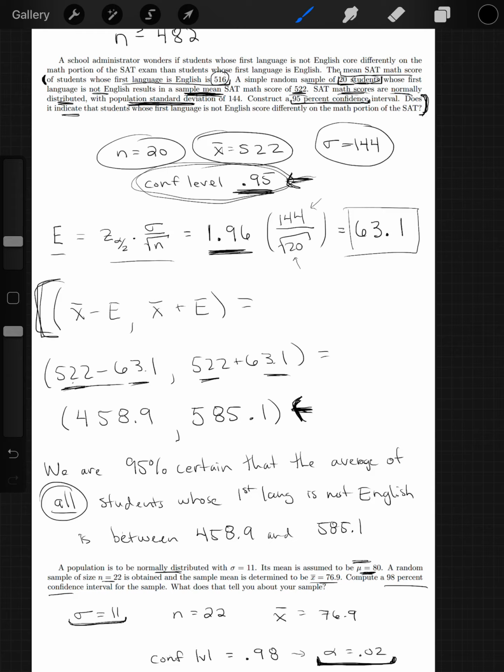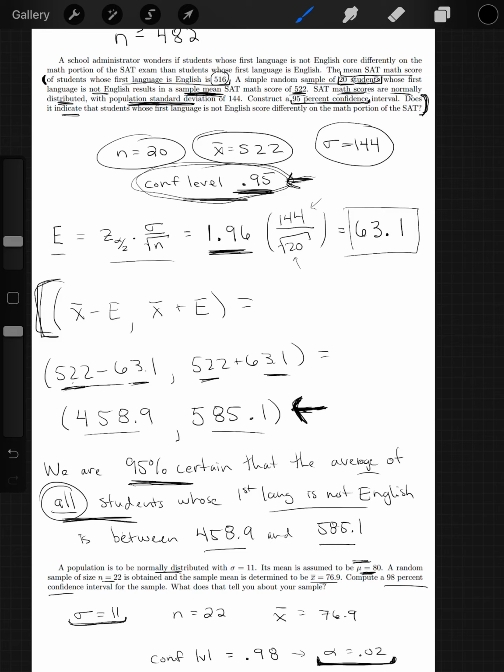Now, the important thing about all these confidence intervals, right? All of these problems have a question. All three of these next problems have a question. But the most important thing to have stick in is that this confidence interval means that we are 95% certain, right? That's where our confidence level comes in, that the average of all students whose first language is not English, so that the population average of the population of students whose first language is not English is somewhere between these two numbers.